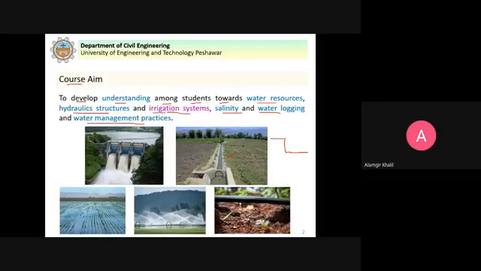And irrigation systems. Now we have to supply the water to agricultural land, and there are different types of irrigation systems. You see here in this picture, this is a kind of furrow irrigation.